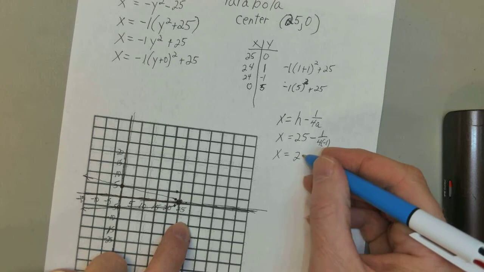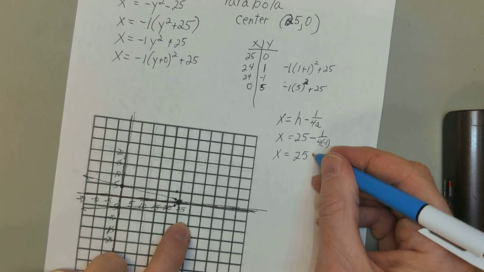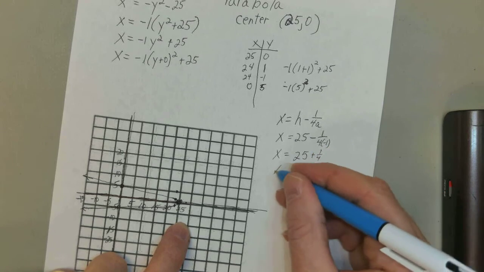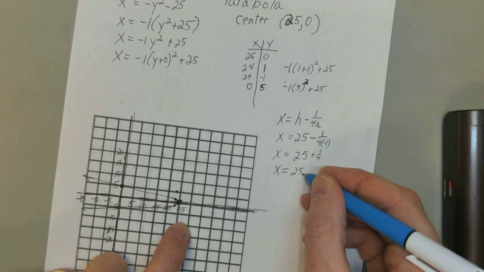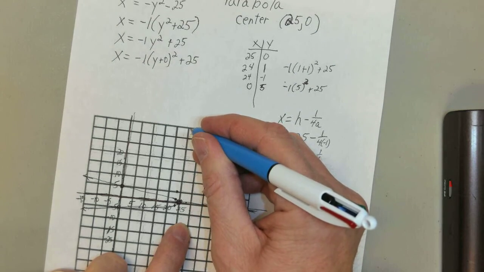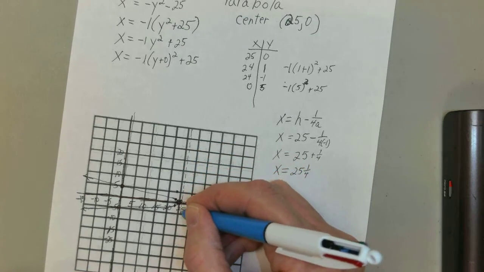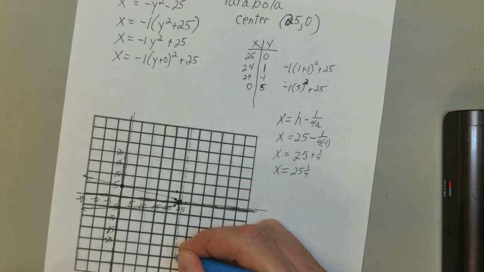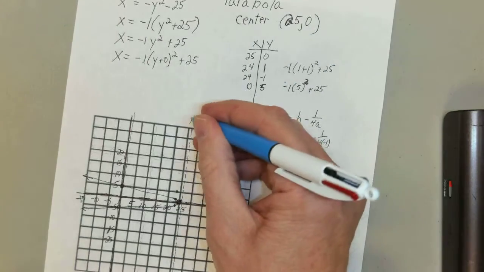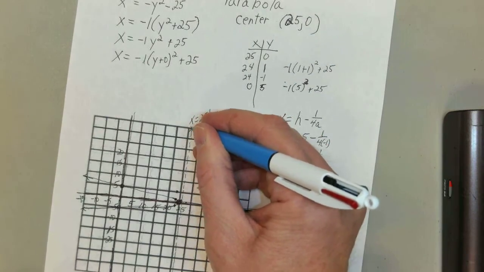So that's 25, and then plus 1/4. So x equals 25 1/4. So it's just slightly right of this. Okay, so I'll just draw it like this for my directrix.